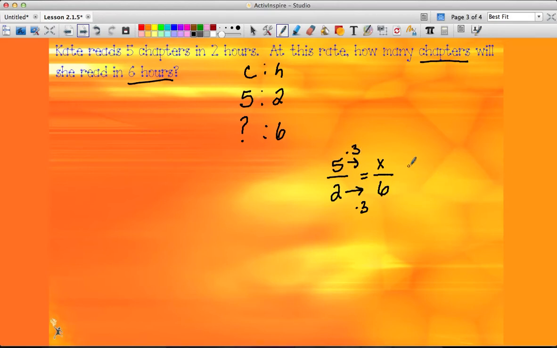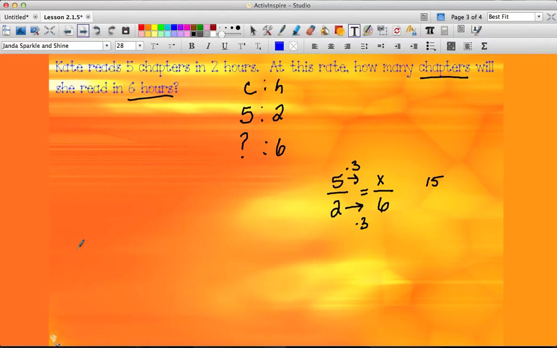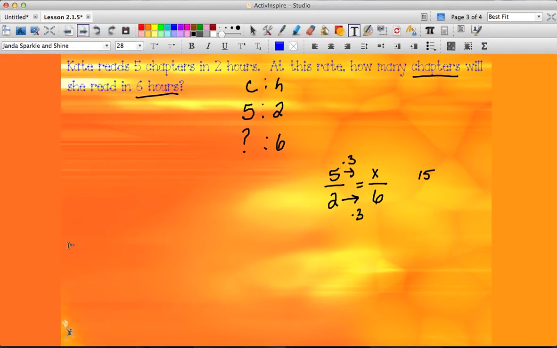So in order to figure out how many chapters she will read, I have to do 5 times 3, which is 15. So I'm given 3 parts of the information, and I need to use it to find the 4th. So you should have a complete sentence saying, Kate would read 15 chapters in 6 hours.